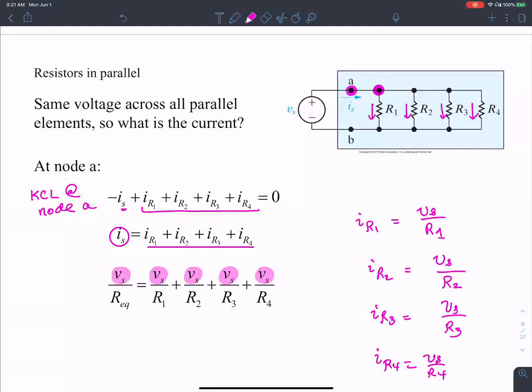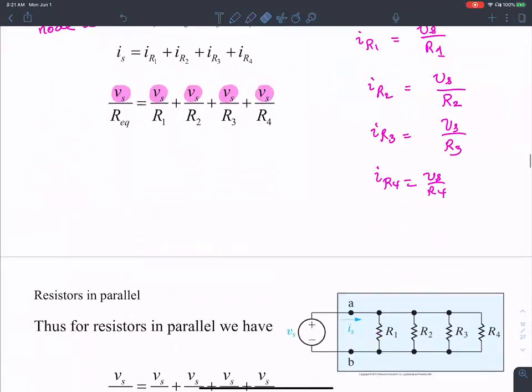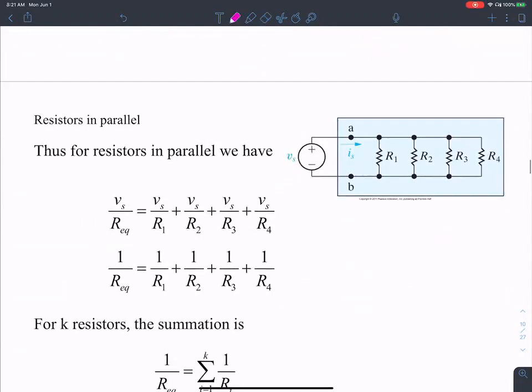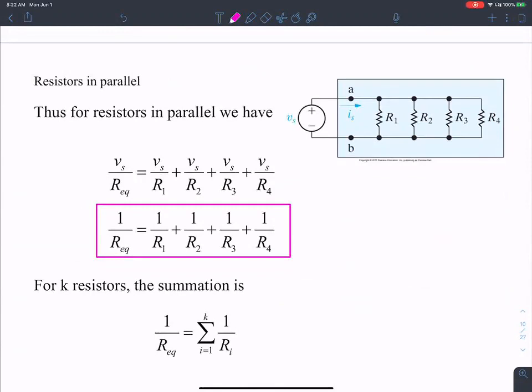Now we can factor out Vs, and then arrive at the equivalent resistance. 1 over the equivalent resistance equals the sum of the reciprocals of the resistances. Here is the canonical expression: 1 over R equivalent is the summation of all the reciprocals of the different resistances. That's the equivalent resistance.